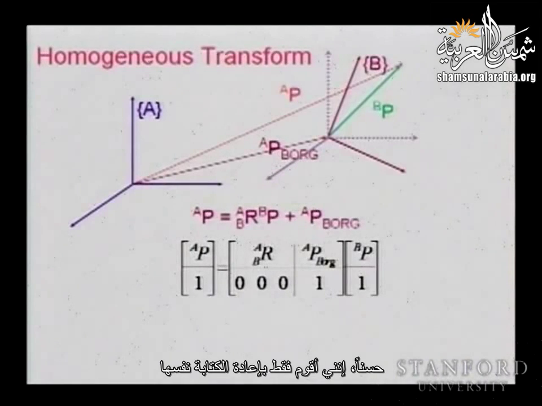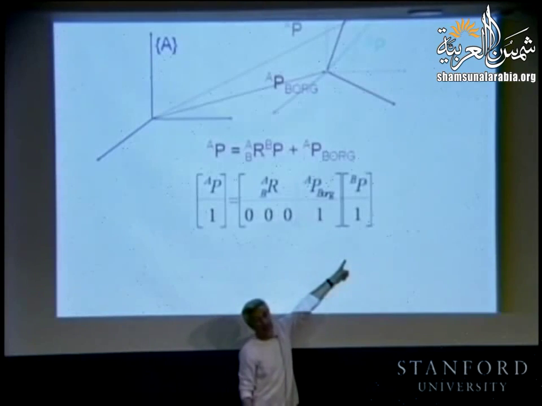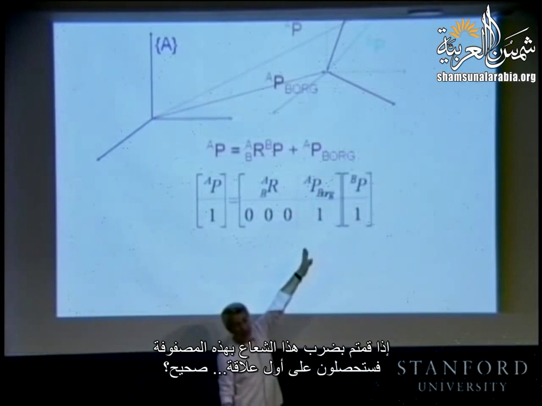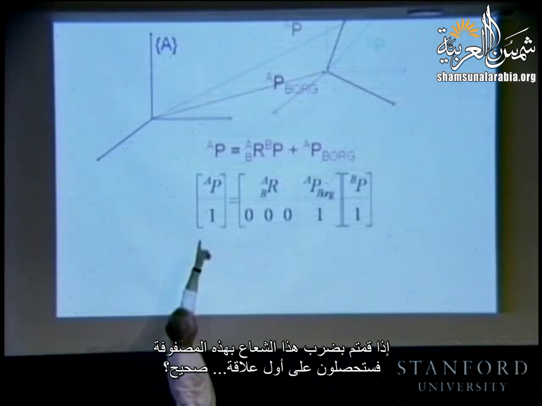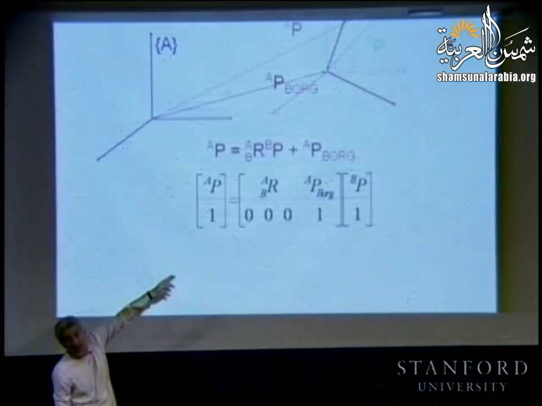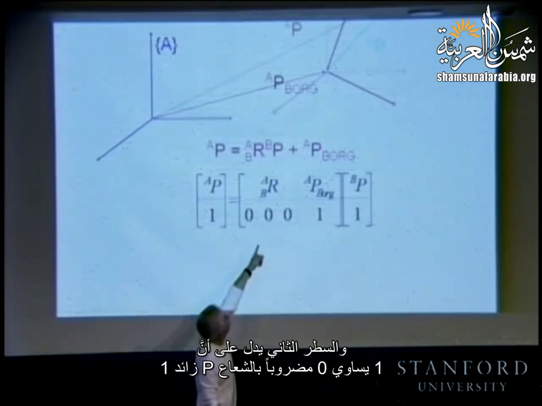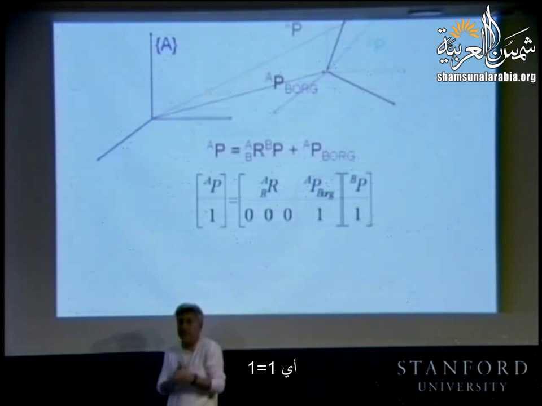So I'm just rewriting the same thing, and I'm going to add one more row for nothing. This row is saying 1 is equal to 1, right? If you multiply this vector by this matrix, you obtain the first relation, right? And the second part is 1 equal to 0 multiplied by the vector P plus 1, so 1 equal to 1.